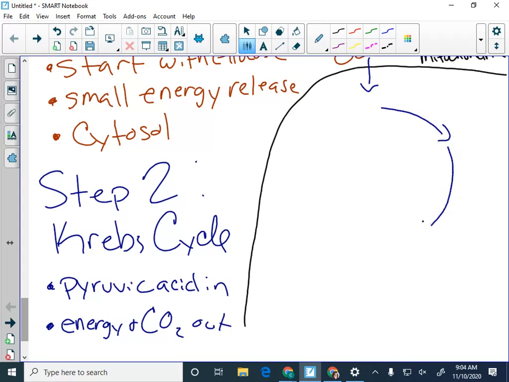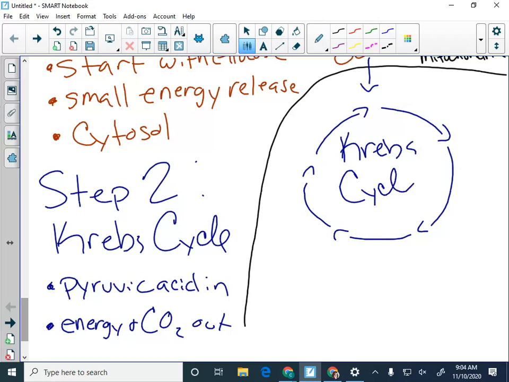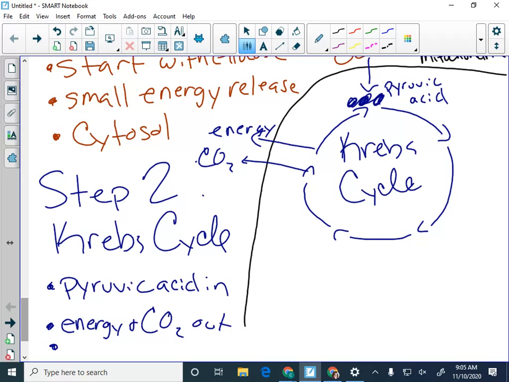So this is the Krebs cycle. We've got pyruvic acid in, we get energy and CO2 out. And like I said, this happens in the mitochondria.